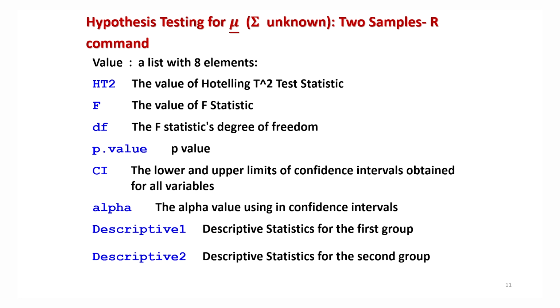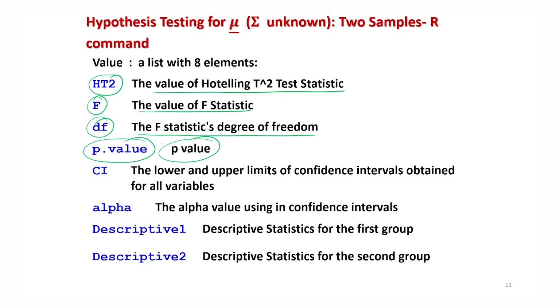Right. So this is how the outcome will look. The outcome will have 8 elements. The values will be here: T2, which is the value of the Hotelling T-square test statistic, then F value, which is the value of the F statistic, degrees of freedom related to the F statistic, then the P value, which will be there to conduct the test of hypothesis.